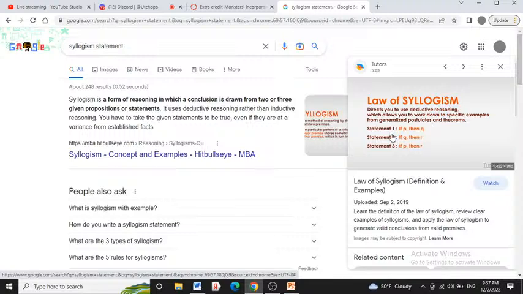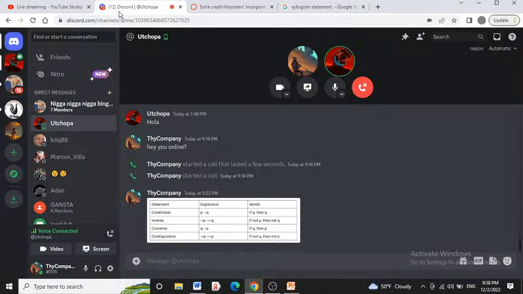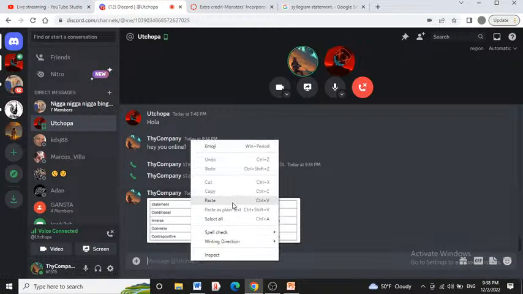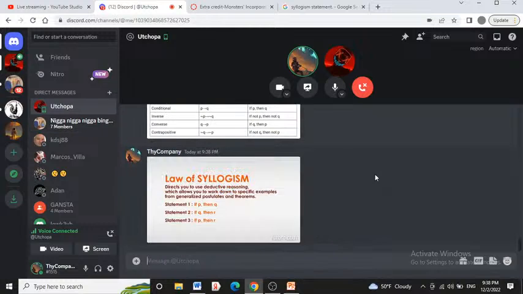If P is equal to Q, and if Q is equal to R, then P is equal to R. If P happens, that results in Q, and if Q happens, that results in R, then what happens with P then results in R, based on law of syllogism. That's crazy. So it's basically saying if that happens, then that happens, then that's going to happen, even though it may contradict something.